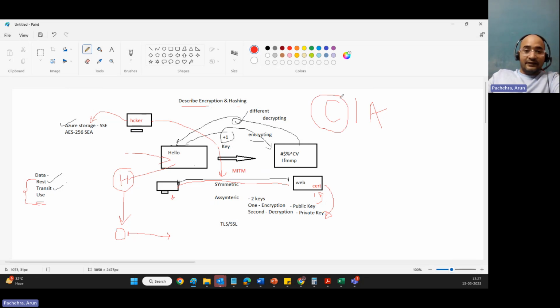However, hashing takes care of integrity, because even a dot will change the hash, right? And for encryption, we have AES, SSE, RSA. In hashing, we have algorithms like SHA-256 and MD5. Yeah, that's all.